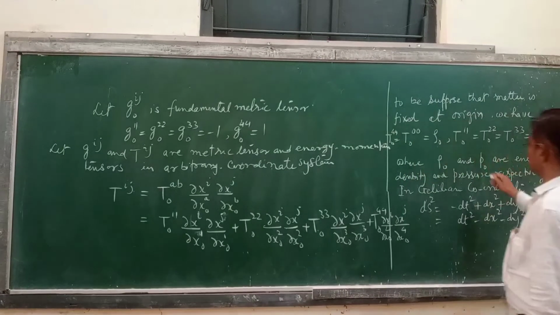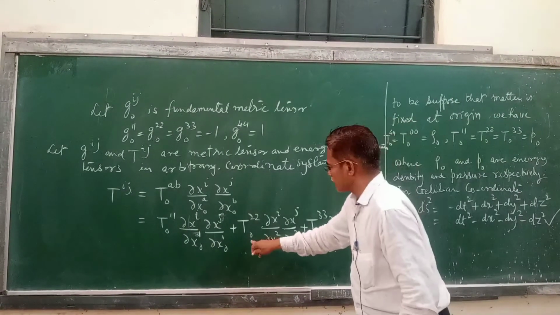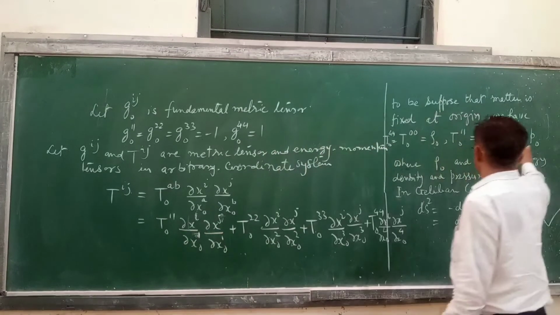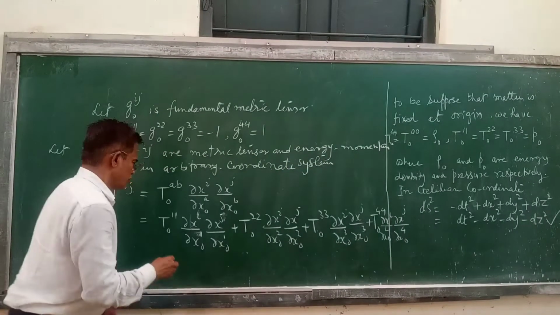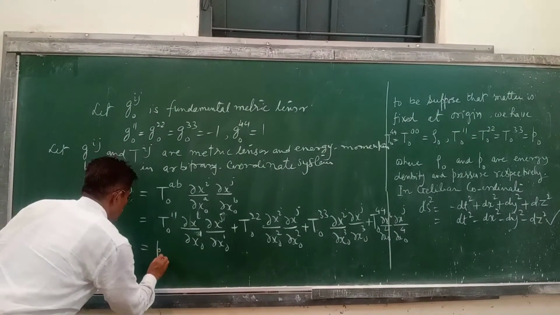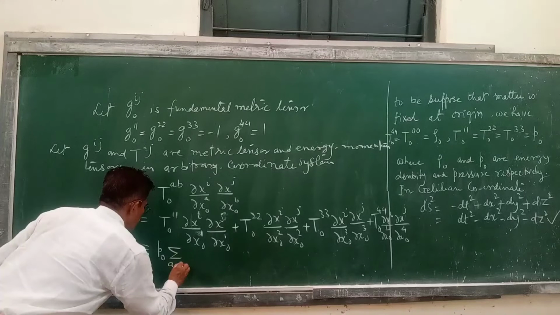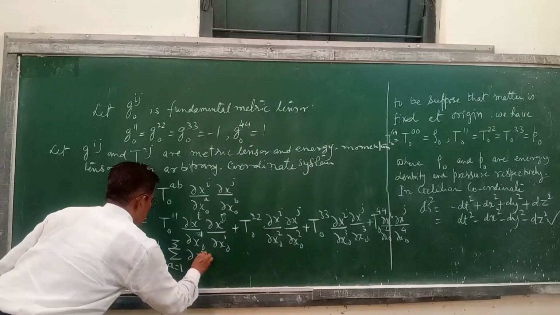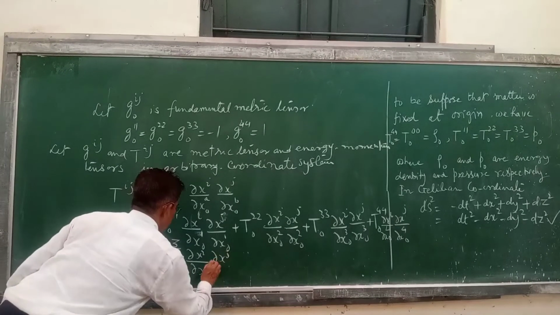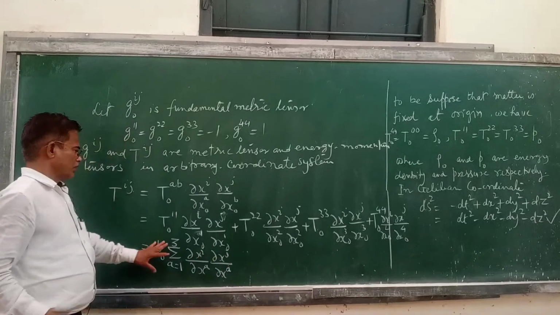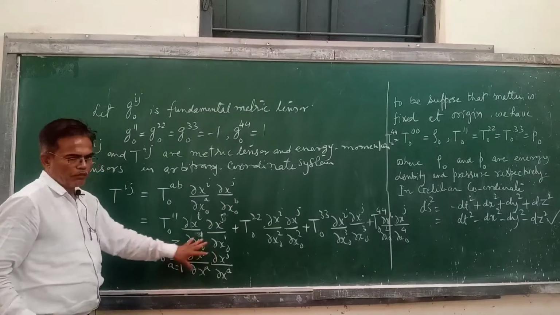Now by using these results, T11 = 0, T22 = 0, T33 = 0. This is P0, and P0 is common. Again we can write here sigma A equal to 1 to 3, del x I upon del x A, del x J upon del x A. So P0 is common, and this can be written in sigma form.